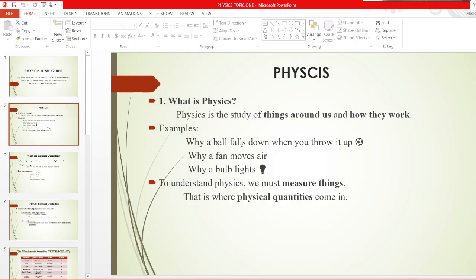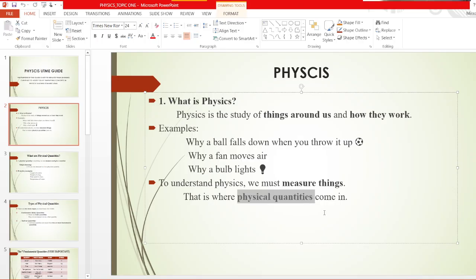To understand physics, we must measure things. And in the course of measuring things, that's where the word physical quantity comes into play.